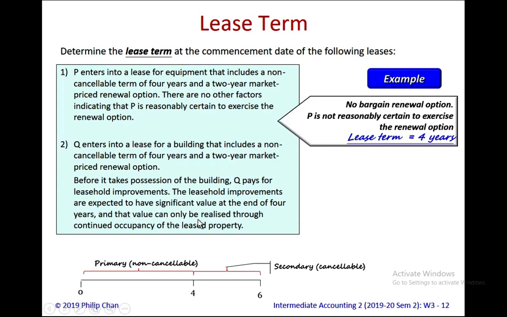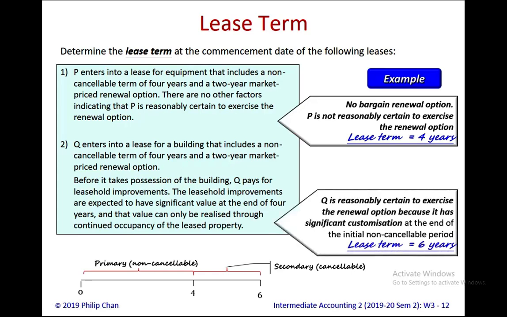And that value can only be realized through continued occupancy of that leased property. So to fully utilize all the costs you have spent on the leasehold improvement, it is likely that you need to continue using the same property. So again, the information provided here helps us to decide whether Q will lease the asset further. Well, the conclusion is simple. Q is likely to lease this item further, and therefore the lease term will now be 6 years for this case.